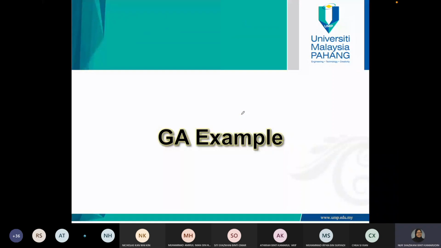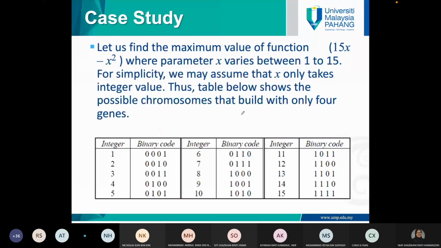Now let's take a look at the example. We have a case study here. Let us find the maximum value of the function 15x minus x squared, where parameter x varies between 1 and 15. It means the value of x must be between 1 and 15, it cannot be more than that.